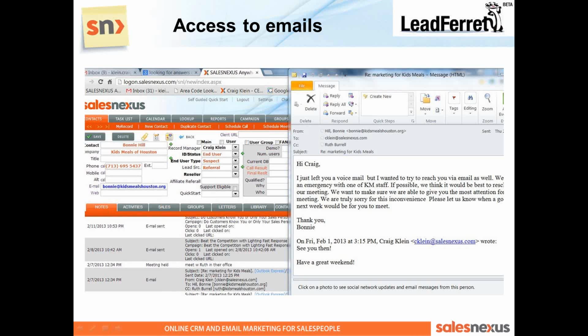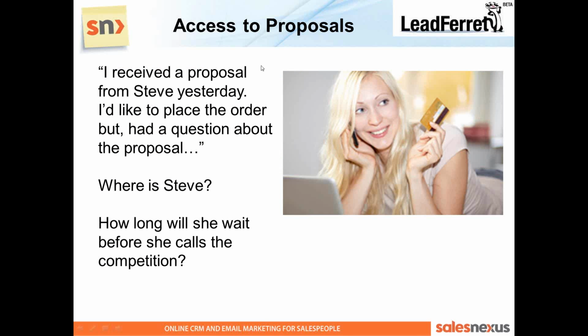So when a customer calls me and says, hey, Craig, I wanted to ask some questions about the design suggestions that Kendra made to me, I can pull up the email that she sent even though I wasn't copied on that email. So that's the kind of thing I'm talking about when I talk about accessing emails. Could be documents, proposals, etc. So this is the story that I love to tell to customers because it happens to all of us.